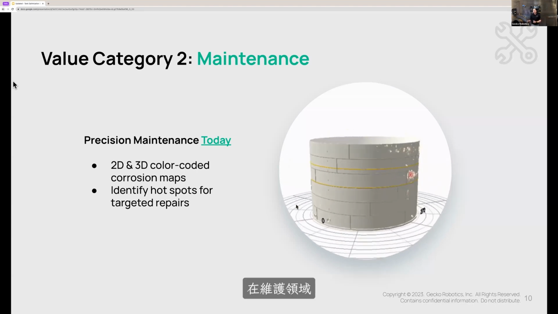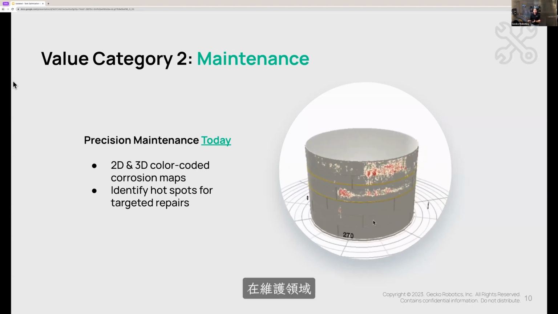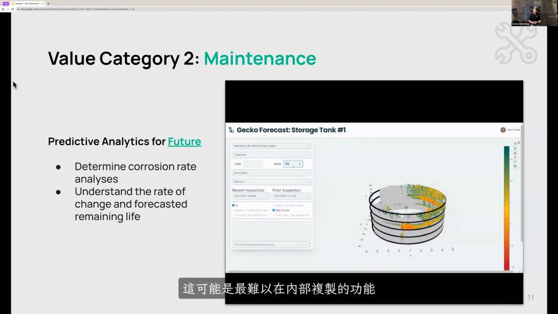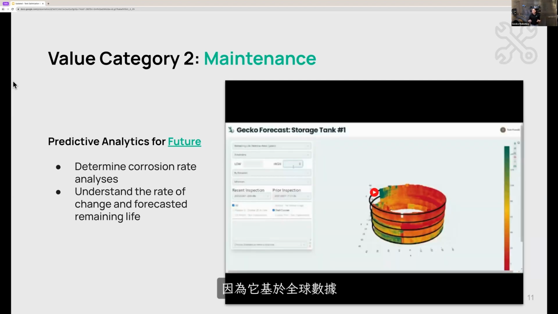Now, the second area within the maintenance category that you can see a lot of value is using predictive analytics for future maintenance planning. Of all the features that we're going to talk about today, this may be the hardest to replicate or build internally because it's built on thousands of jobs and trillions of data sets that took over a decade of global work to build.